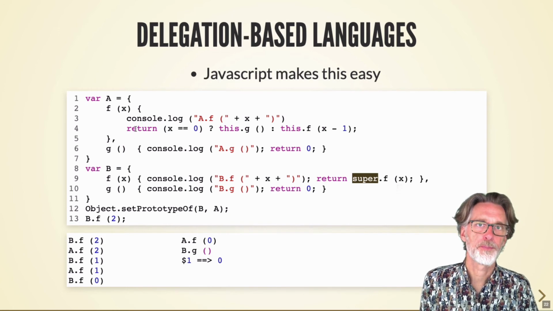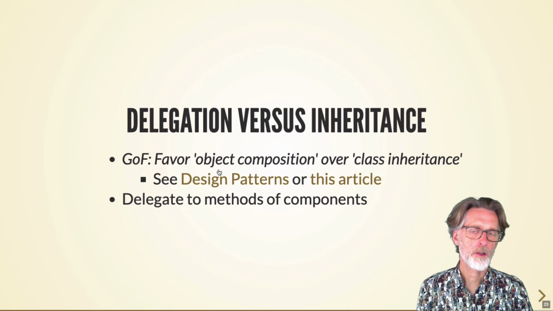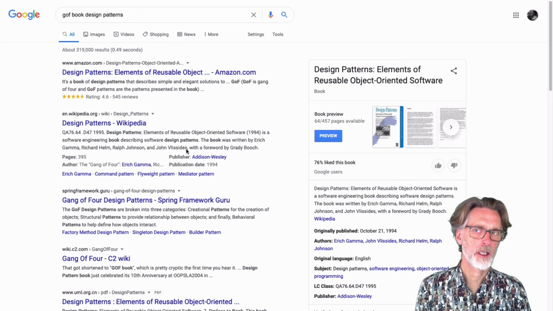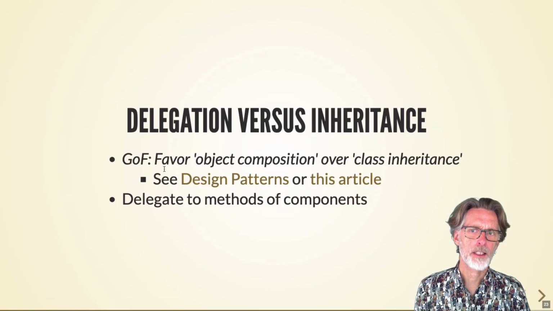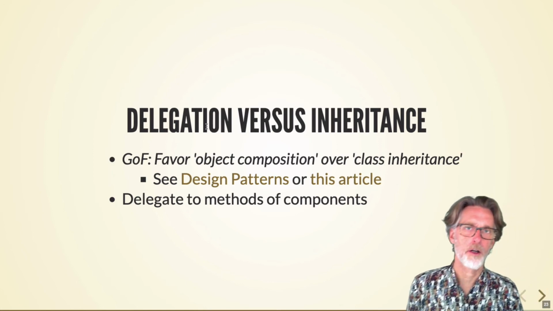There are other ways. In 1995, when Java was released, a significant book was also released in the software engineering literature called Design Patterns. It's affectionately known as the Gang of Four book because it has four authors. That book advocates the use of object composition over class inheritance. What they really mean by composition is delegation, the way we've just been talking about it.